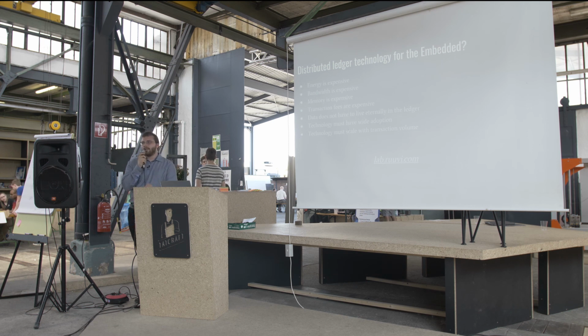So, any technology which we use, first of all, must have wide adoption, because we could probably make Ruuvi Ledger and say, hey, this is the best thing ever, and try to market it. But if no one has ever heard of it, no one is really interested in using it in court as evidence of anything. And also, this technology must scale with the volume of transactions.